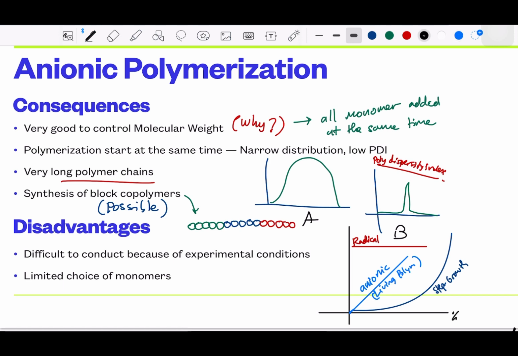So this is the percentage, this is the P, and this is the Xn, or maybe this is for molecular weight. Or maybe better using P, the percentage.